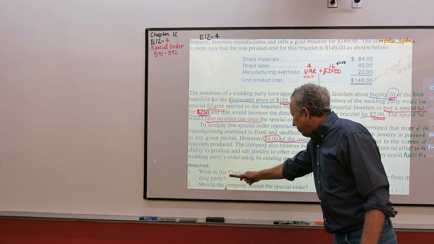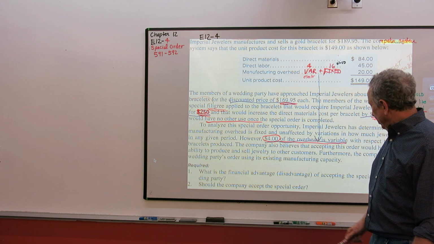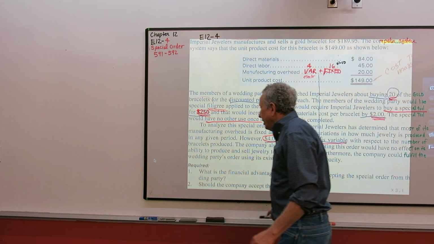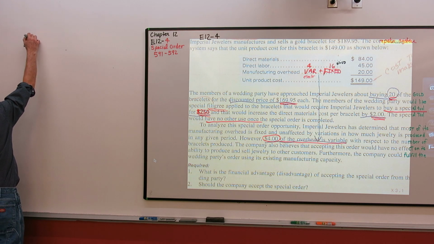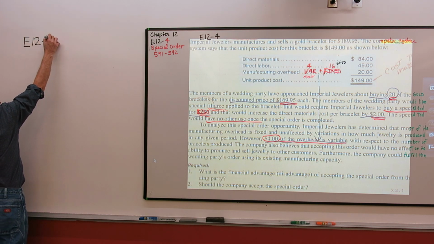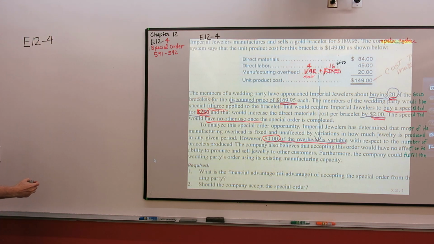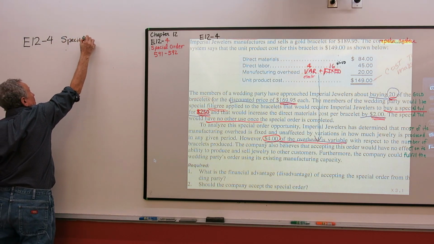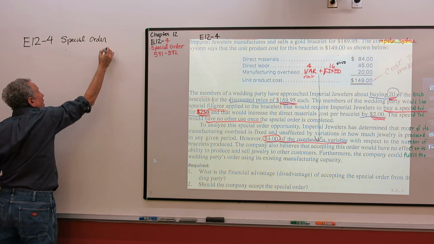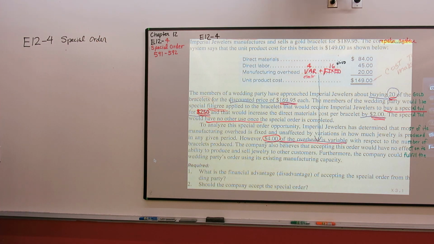All right, what is the financial advantage or disadvantage of doing this? Well, this is exercise 12-4, and this is a special order. You can do these different ways, but the best way, I think, is to do it this way.